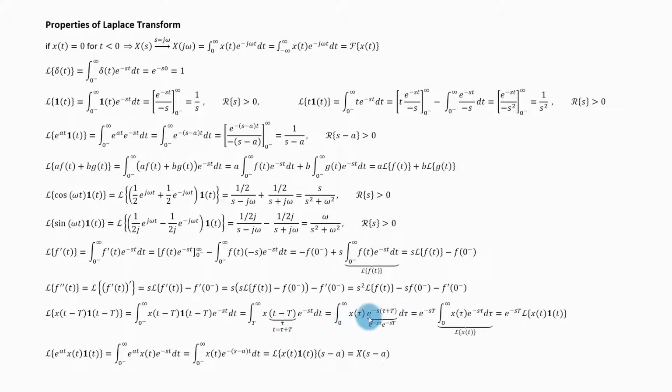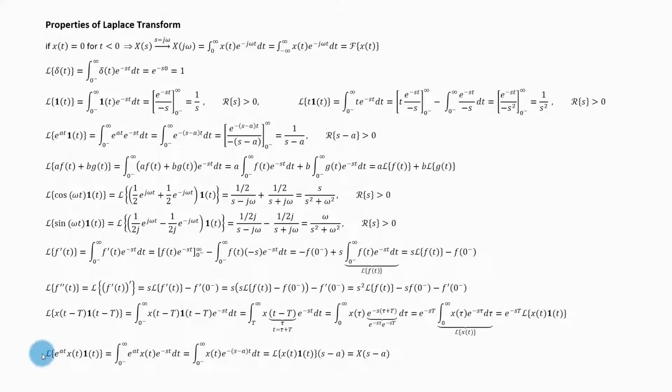Here you can break this exponential into two exponentials and take this exponential in front of this integral. Finally, you get this, where this integral is just the Laplace transform of your signal x without the time shift. So the Laplace transform of a time-shifted signal x is the Laplace transform of the signal without the time shift, but multiplied by this exponential.